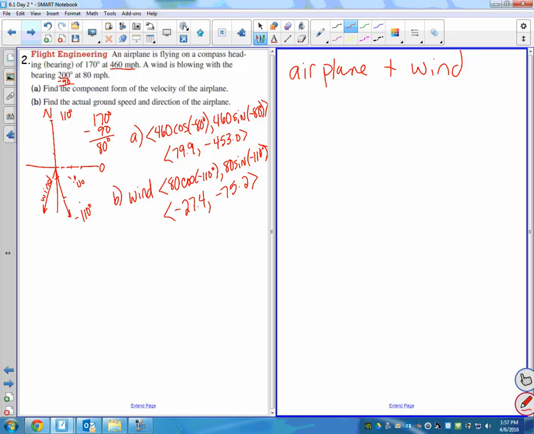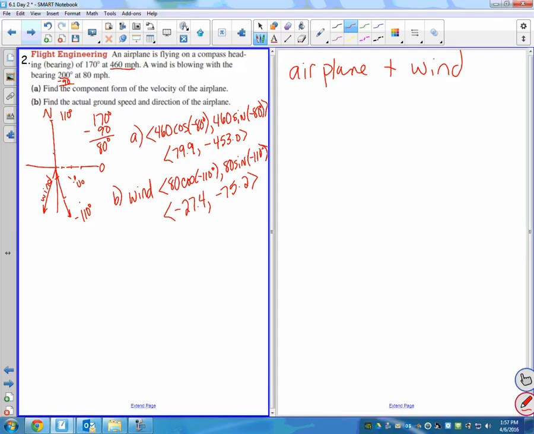Yes. I don't know. It seems like if it was blowing, then maybe? I don't know the answer to that. He said if it says it's going with the bearing at 200, we're adding these two vectors. He said if it said it was going against the bearing, would you subtract instead of add them?